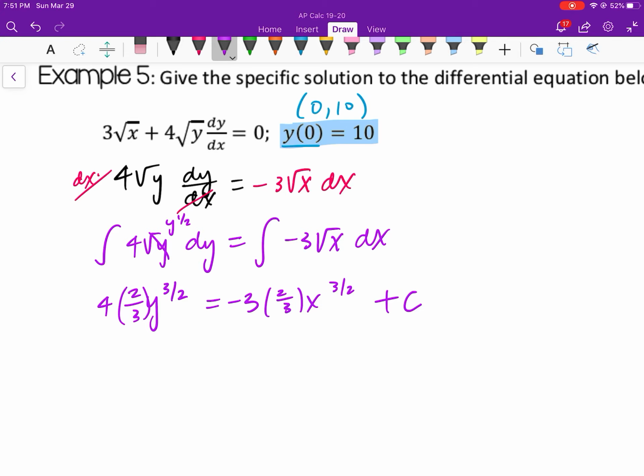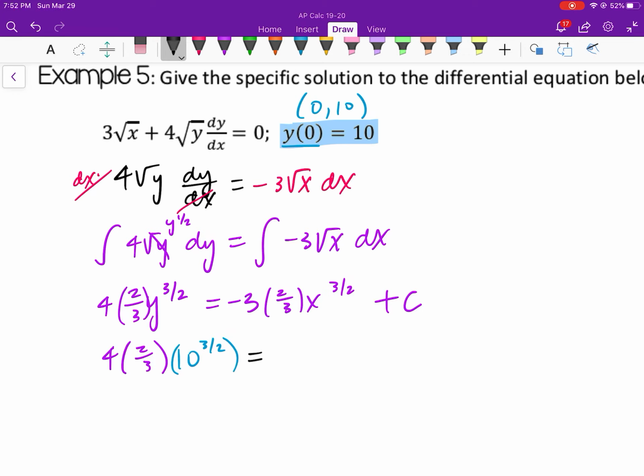Now, our goal is to solve for c eventually, right? Well, again, we could get y by itself right now. It's not going to be super pretty, so let's just plug in that point and see what happens here. So we are going to have 4 times 2/3 times 10 to the 3/2, whatever on earth that number might be, equaling negative 3 times 2/3 times 0 to the 3/2.